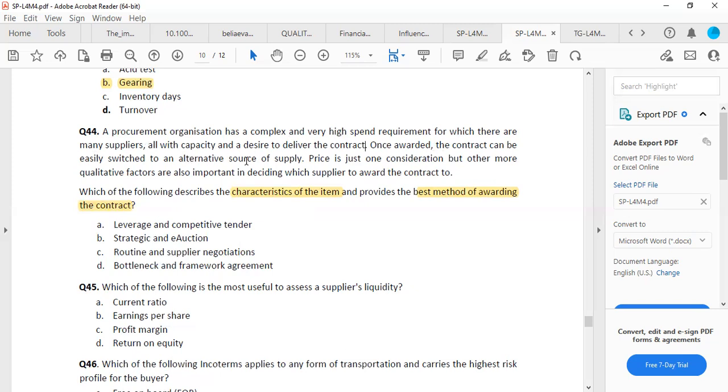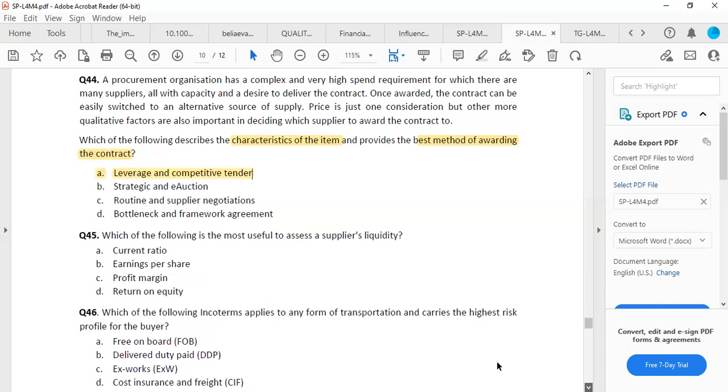Yes, all with capacity and desire to deliver the contract. Once awarded, the contract can be easily switched to an alternative source of supply. Which item are they dealing with? Then it's rather A. You get leverage and competitive tender. Good.